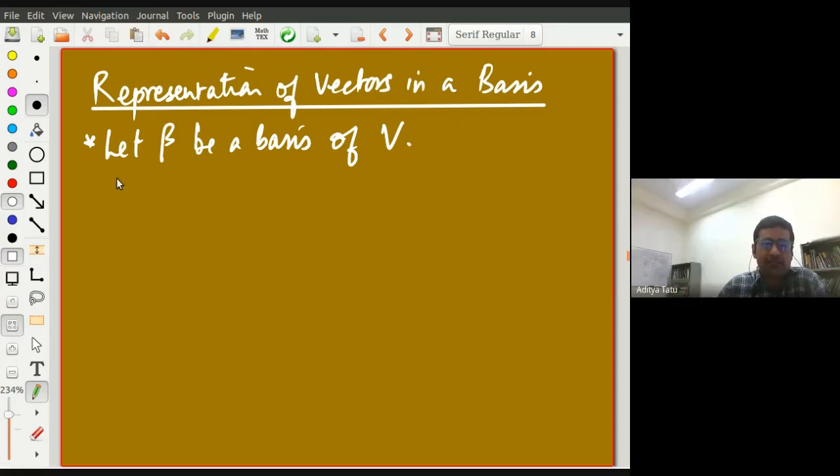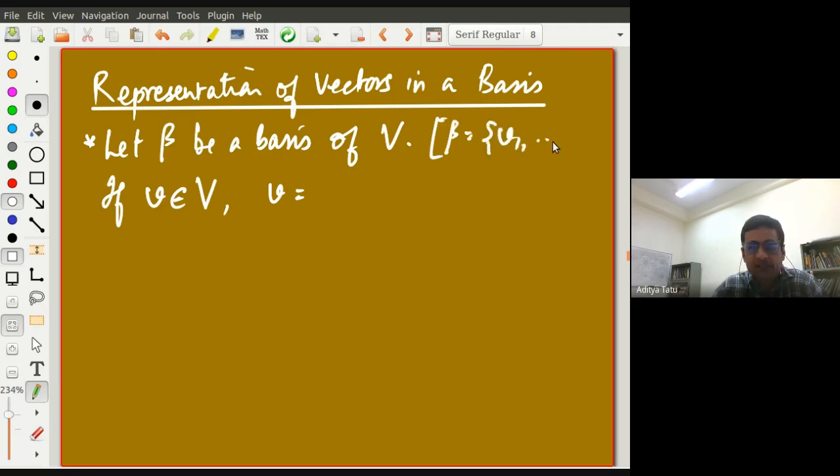The whole vector space, right? So if I take an arbitrary element v in the vector space, because I have a basis beta, I know that I can write v as a linear combination of elements in the basis beta. Let me choose another notation. Let's say beta is v1 to vn. Then I know that this is true.